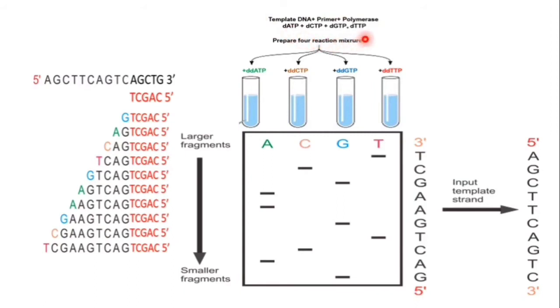From that we divide this mixture into four tubes. In the first tube we add ddATP, which means dideoxyadenosine triphosphate, and in the second tube we add ddCTP, in the third ddGTP, and in the fourth tube we add ddTTP.